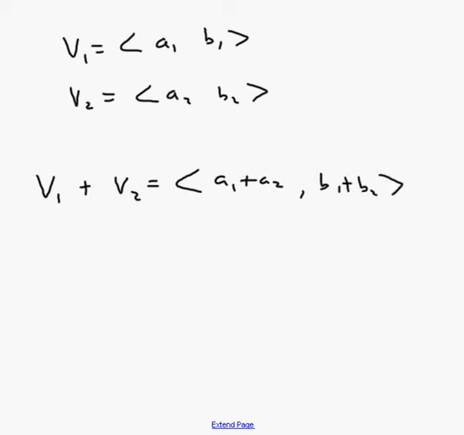Okay? Just as a comment, sometimes in other textbooks, instead of seeing a plus here, you'll see a plus maybe circled, or a plus that's bolded somehow. They're just trying to remind you that you're adding vectors, you're not adding numbers. It's a different kind of addition.